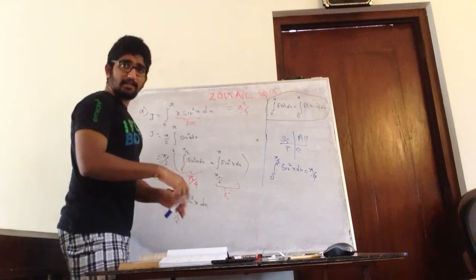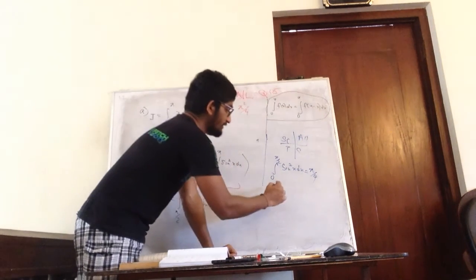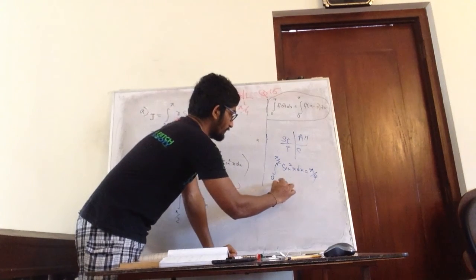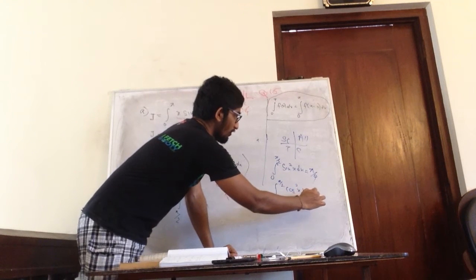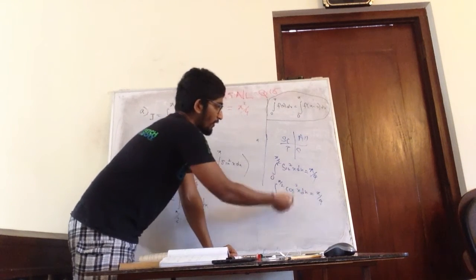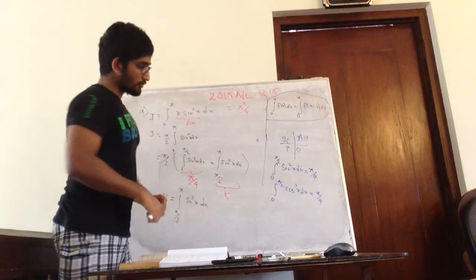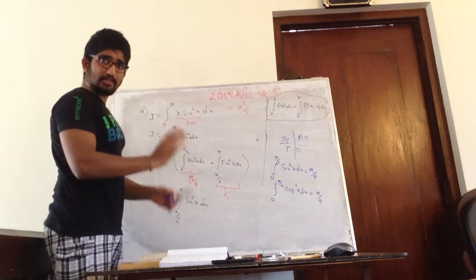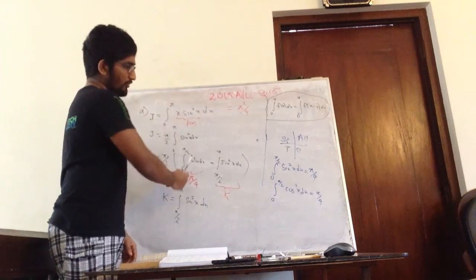Furthermore, the way I did the sum, I found that the integral from 0 to 5 over 2 of cos squared x dx is also 5 over 4. I found that these two are equal. So I am going to convert this in a way that I will get cos squared x from 0 to 5 over 2.